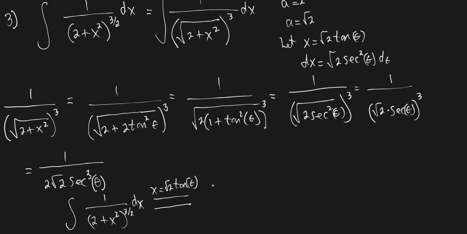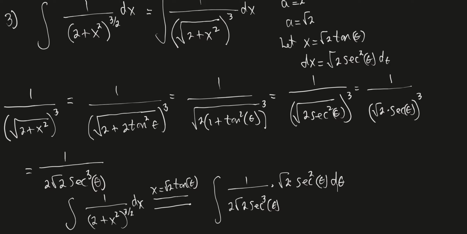What are we going to get? Well, we're going to get an integral now of 1 over 2 root 2 secant cubed theta times my dx, which is now root 2 times secant squared theta d theta.